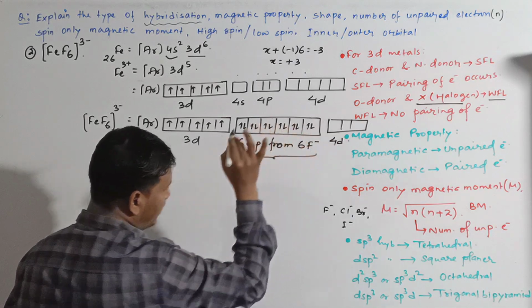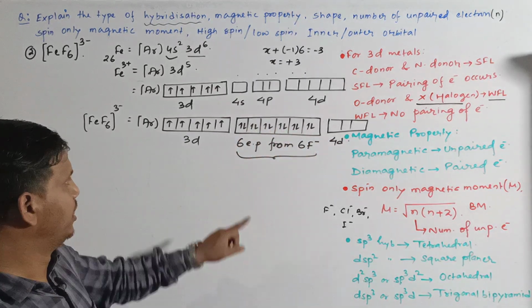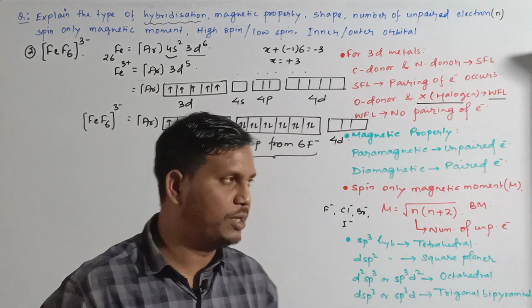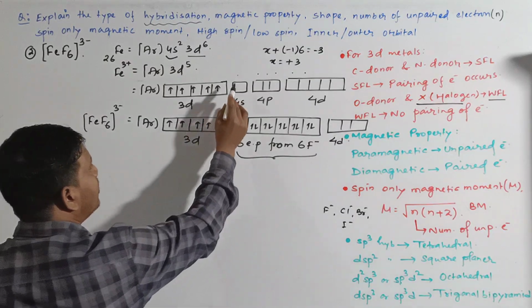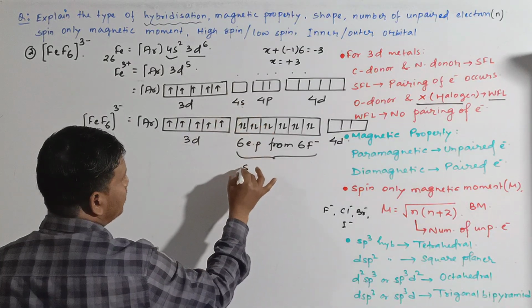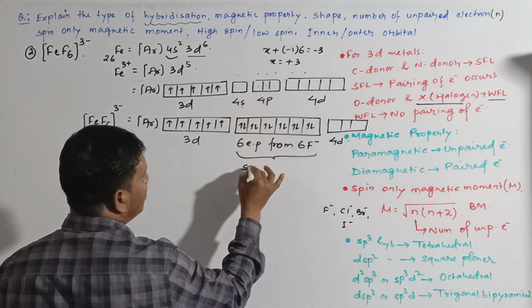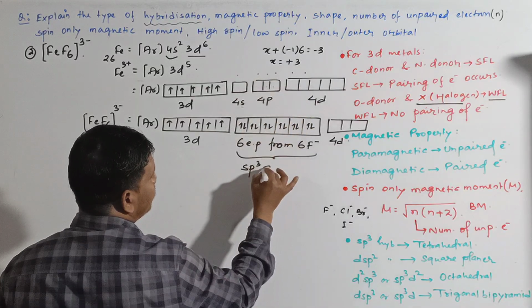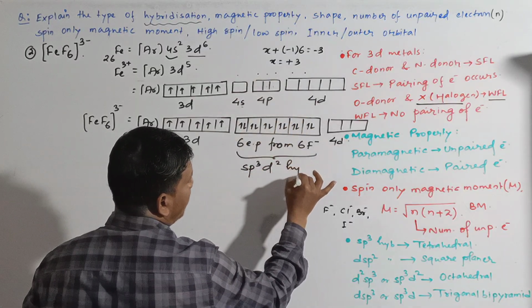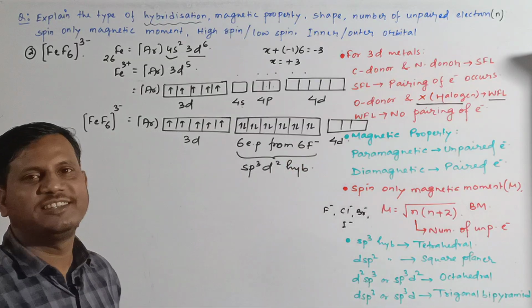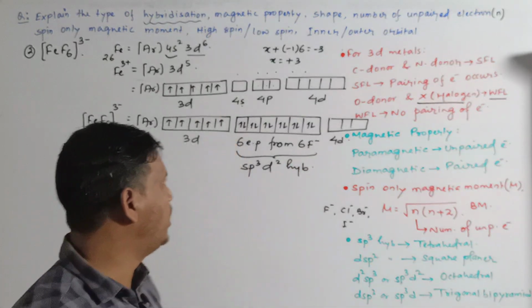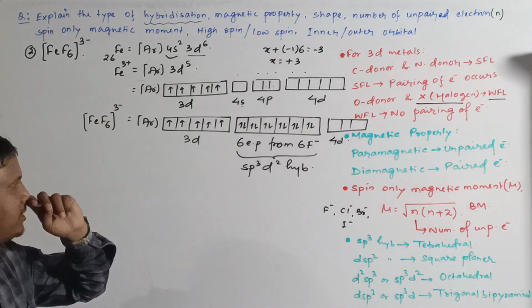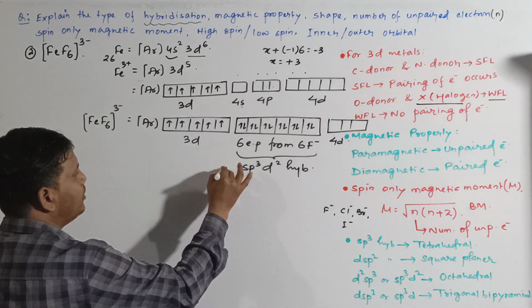So what will be the hybridization? Write the names of the orbitals: the first orbital is s, then the remaining 3 are p, and the last 2 are from d. So sp3d2 hybridization will be there.